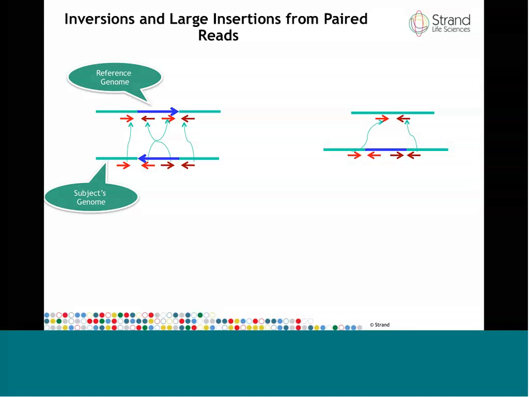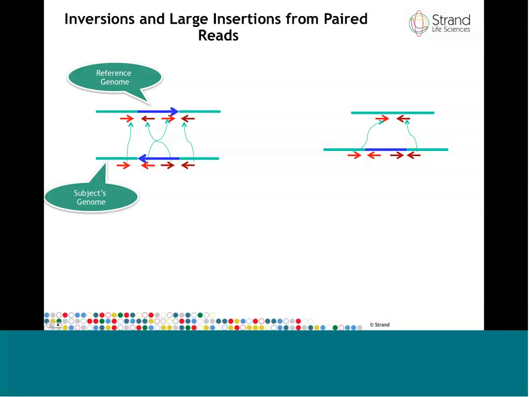Now what happens to the reads? Imagine two pairs of reads, the red pair and the brown pair. The reads within each of the pairs are within the stipulated length of 200 on the subject genome. But once you map these reads to the reference genome, you see what goes wrong. The leftmost red read maps to the corresponding red read here.